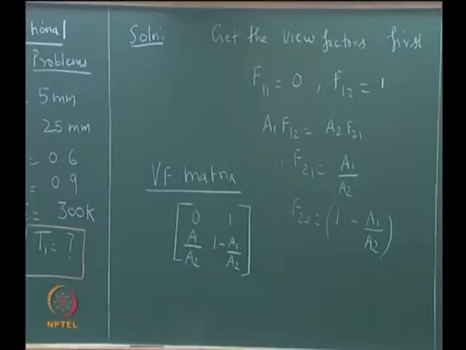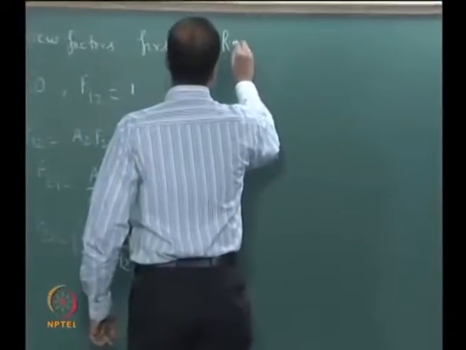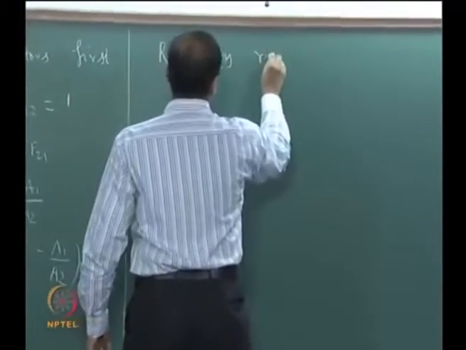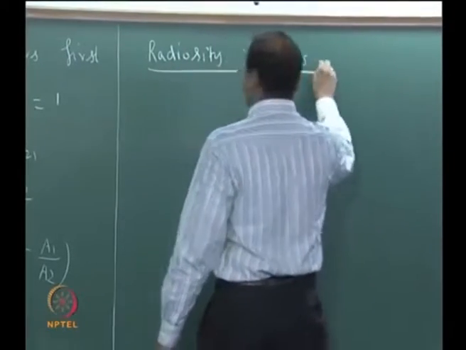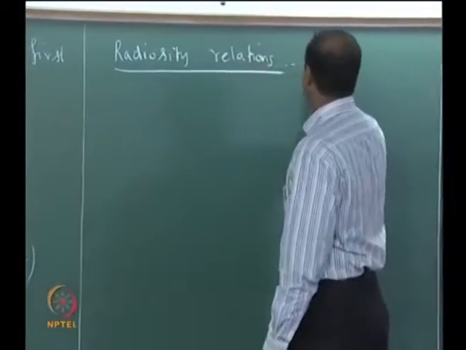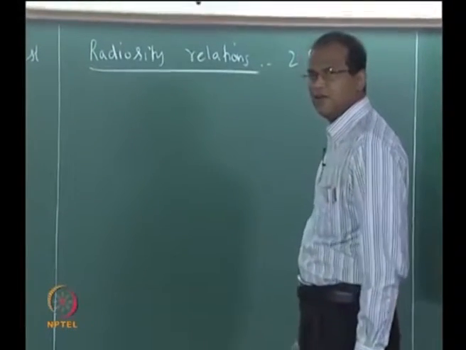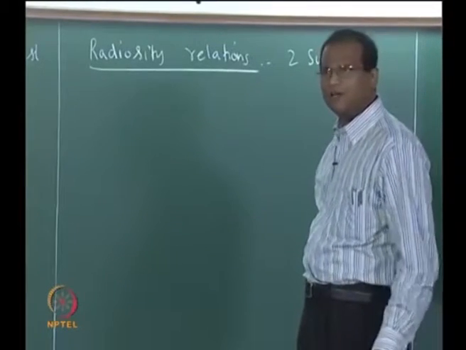Now we will write the radiosity relations. It is a 2 surface enclosure, the conductor is surface 1 and the tube is surface 2, it is evacuated in between.